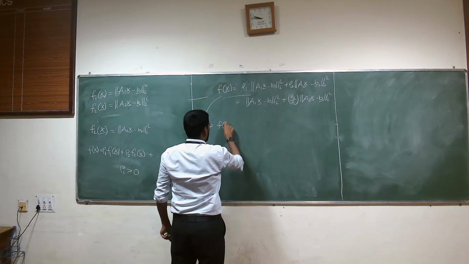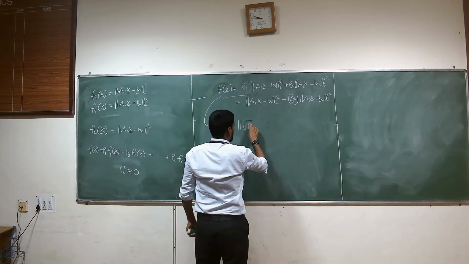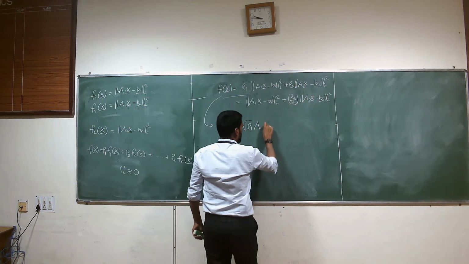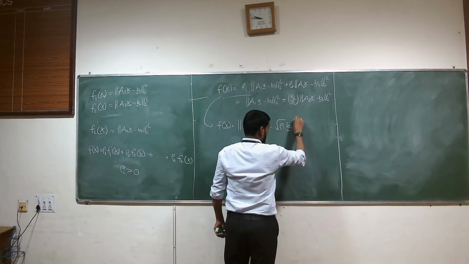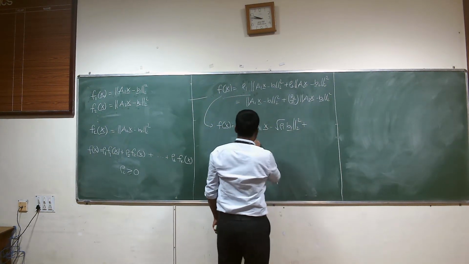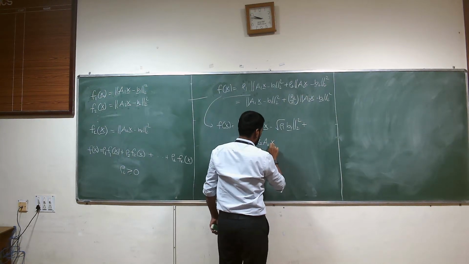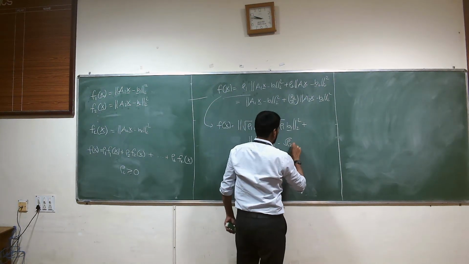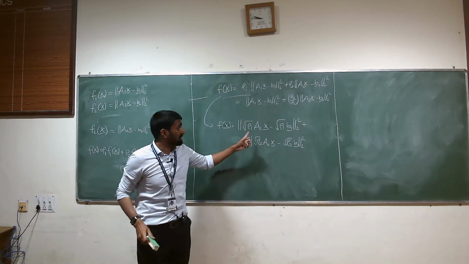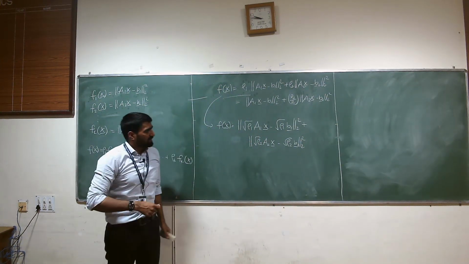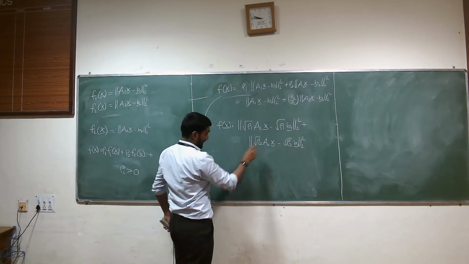So your f of x will be simply square root of rho 1 times (a1 x minus b1), plus square root of rho 2 times (a2 x minus b2). The square root is okay because we've assumed that the rhos are all positive numbers. You can further simplify this. I won't go into the details.